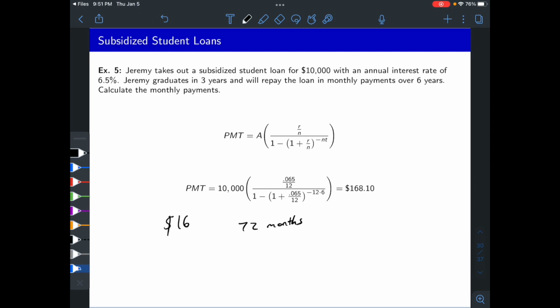And he's paying $168.10 per month over a time period of 72 months. If I do 168.10 times 72, what is this equal to? This is equal to $12,103.20.